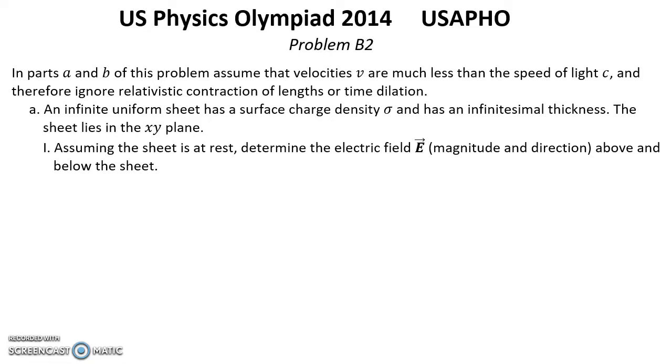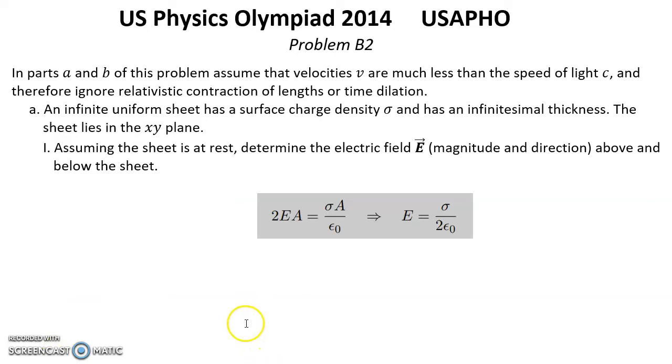Solution. Due to symmetry, this electric field must go out of the sheet from both sides, and using a Gauss cylinder we can make the equation. If the cylinder has a base area A, we have the equation 2E multiplied by area equals the charge inside of this cylinder, which is sigma A over epsilon 0.